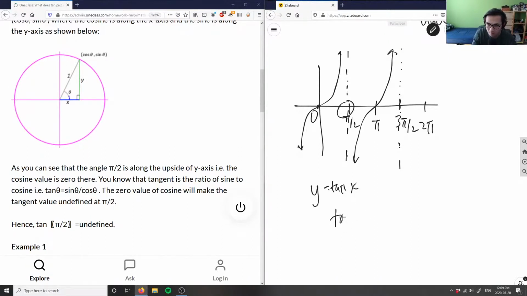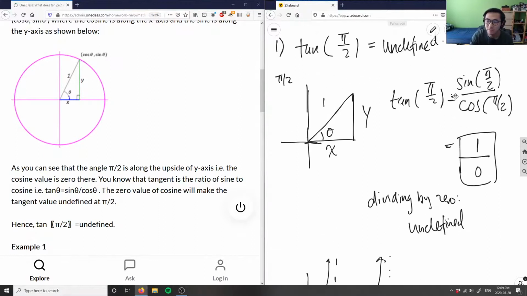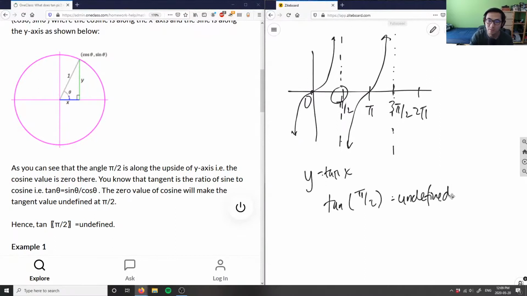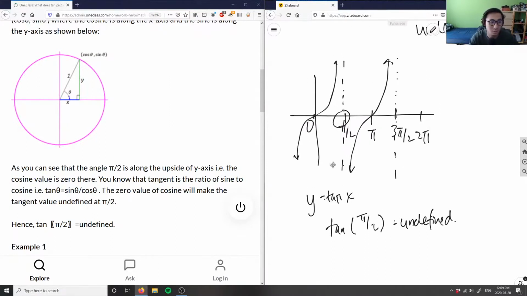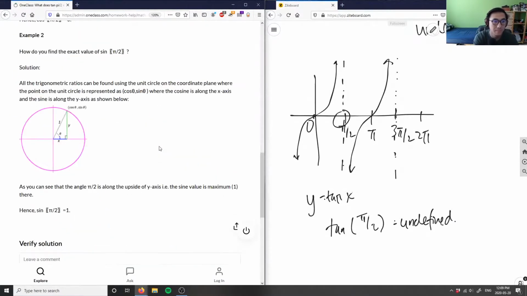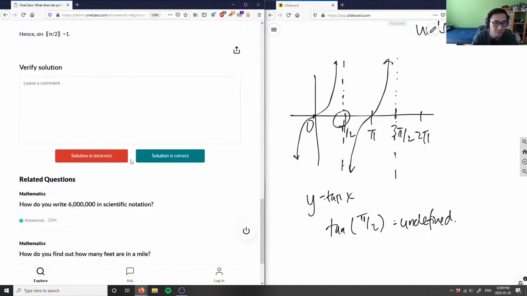You can use the graph to prove that. Or you can simply use sine over cosine: sine of pi over 2 is 1, and cos pi over 2 is 0, so it's 1 divided by 0, which is undefined. Both ways work, one algebraically and one graphically, to figure out that tan pi over 2 is indeed undefined. So your solution is correct.